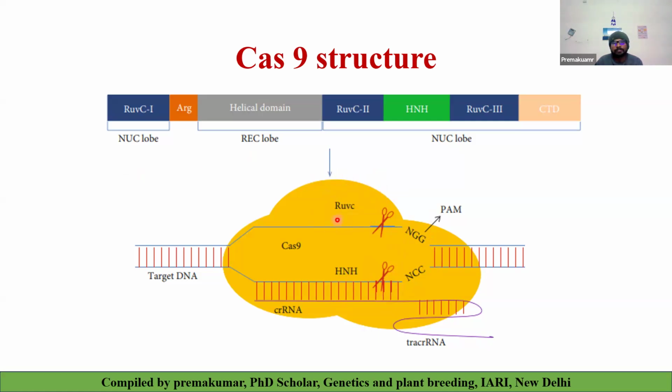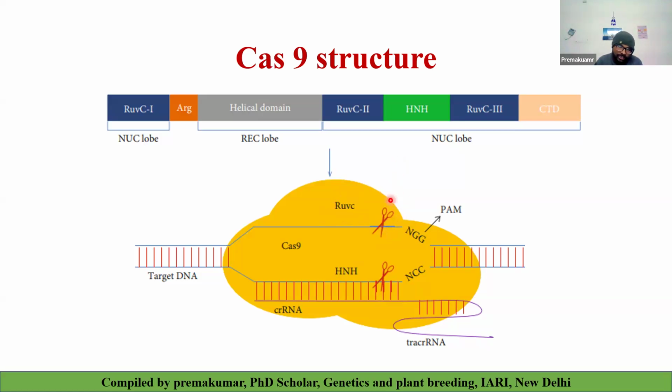If you mutate both of these domains, RuvC and HNH, the double stranded break will not happen. But if you mutate only RuvC, you are allowing HNH, so a break occurs only in the target strand. If you mutate HNH, but RuvC remains active, it will cut only the non-target strand.